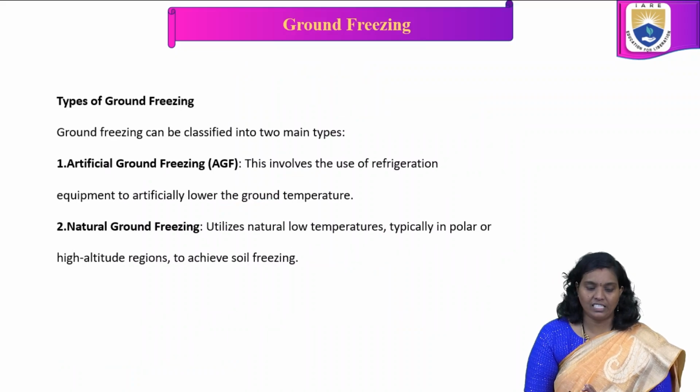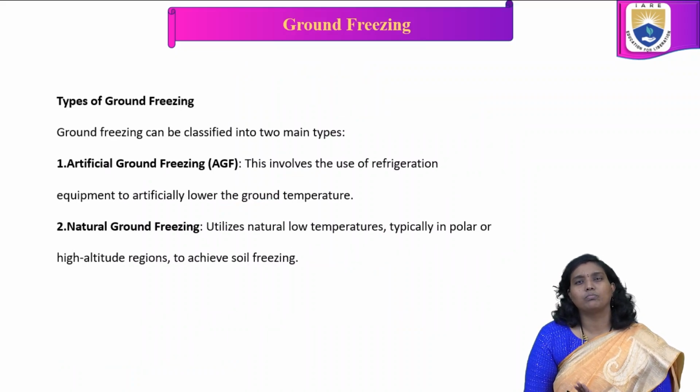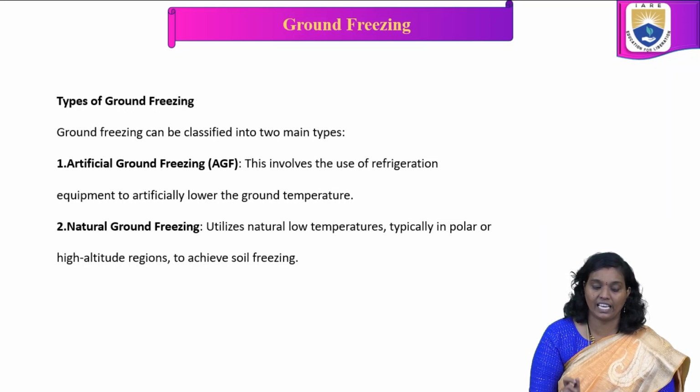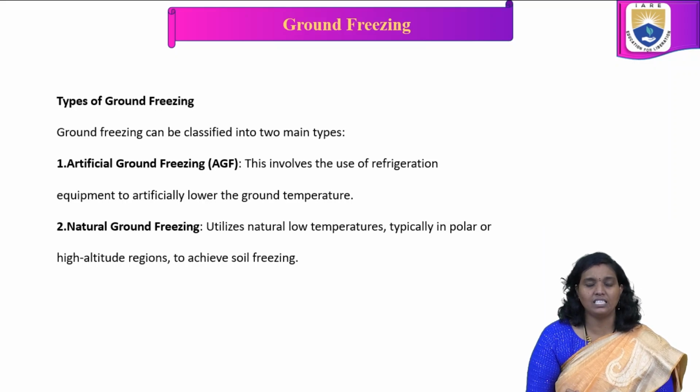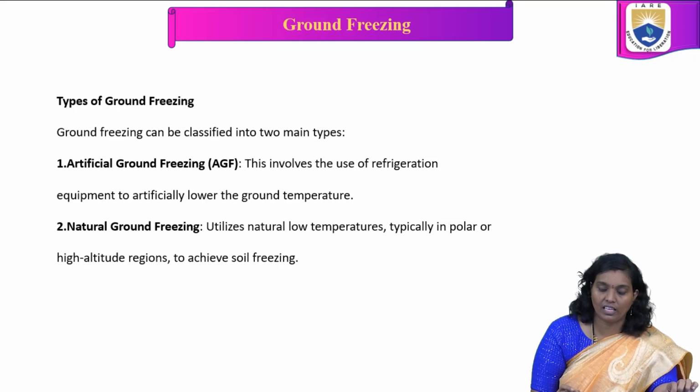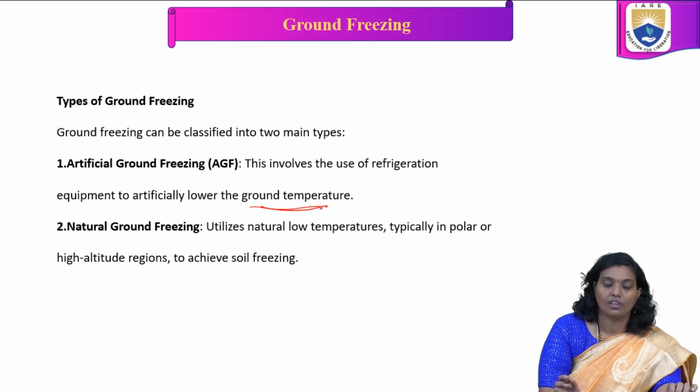Types of ground freezing. There are two main types: artificial ground freezing, that is AGF, and natural ground freezing. Artificial ground freezing involves the use of refrigeration equipment to artificially lower the ground temperature.